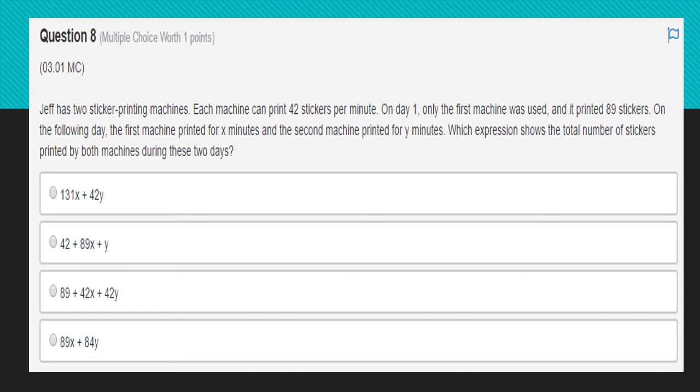Okay, so this question says that Jeff has 2 sticker printing machines. Each machine can print 42 stickers per minute. On day 1, only the first machine was used and it printed 89 stickers. On the following day, the first machine printed for x minutes and the second machine printed for y minutes.